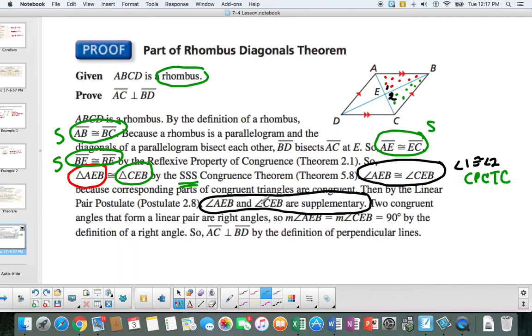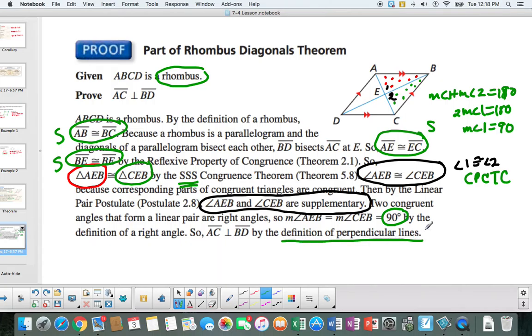But they're also supplementary because they're a linear pair, which means angle 1 plus angle 2 have to equal 180, and they're both exactly the same. So we know that 2 times the measure of angle 1 is equal to 180, therefore the measure of angle 1 is equal to 90. Equaling 90 means that these lines are perpendicular.